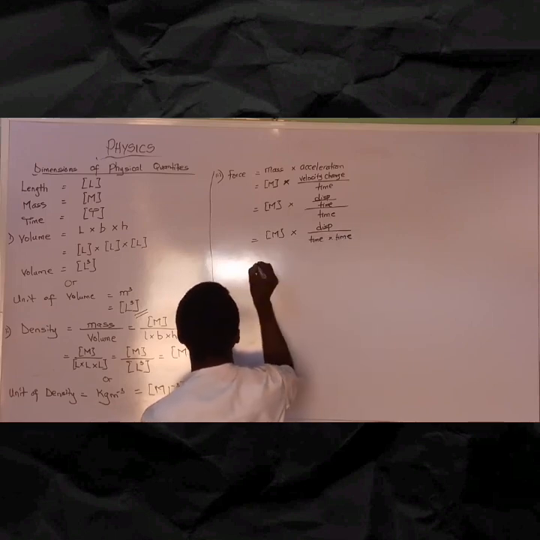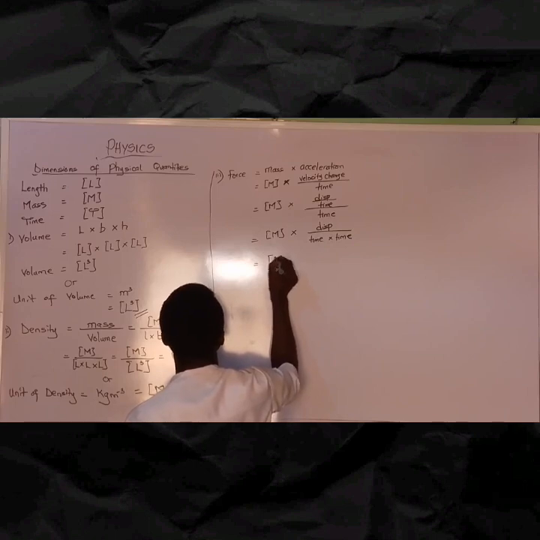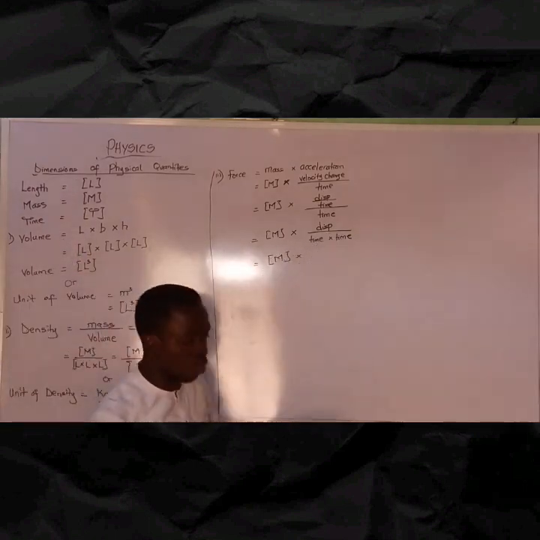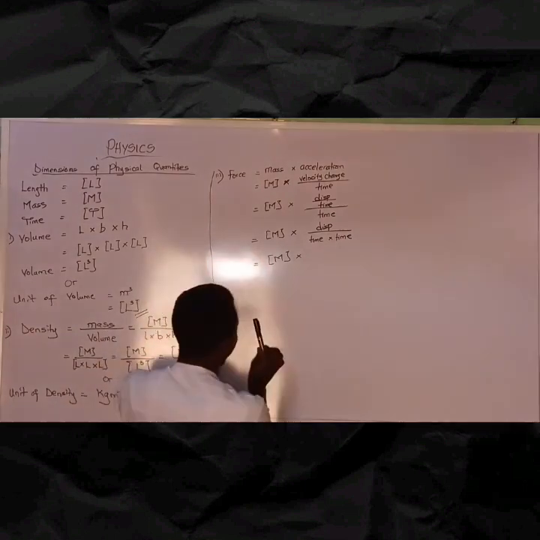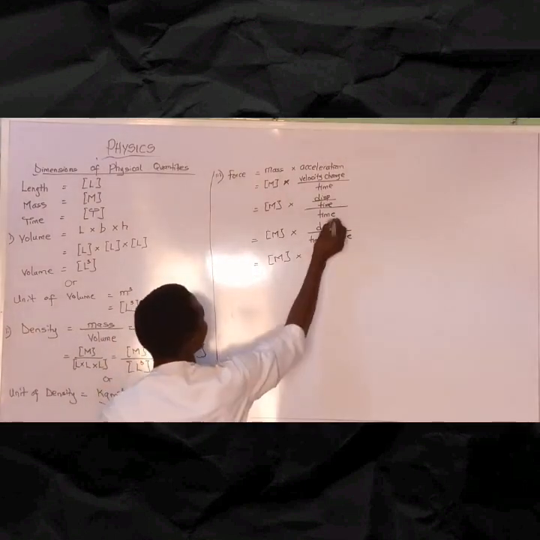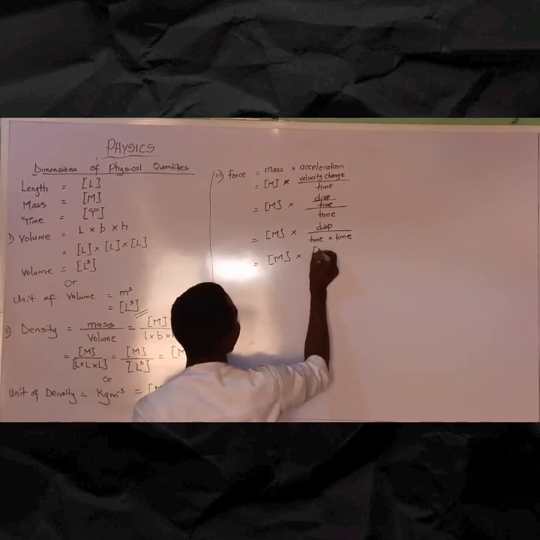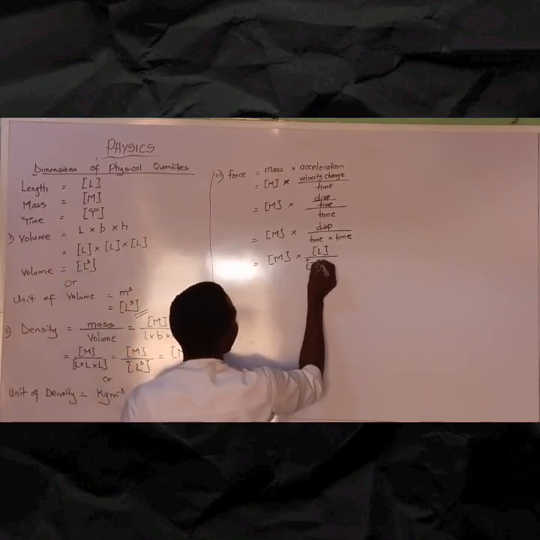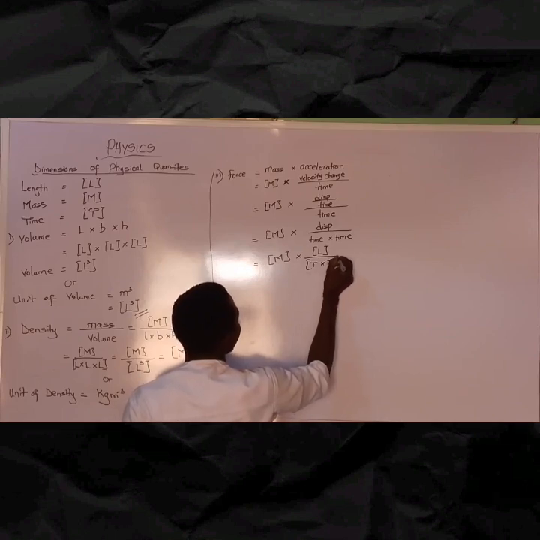Now taking it back to our fundamental quantity, displacement: when they say something is displaced, this pen is here, I kick it and it's displaced to here, it has covered length, so displacement is still length. So displacement is length over time, that's t, times another t.